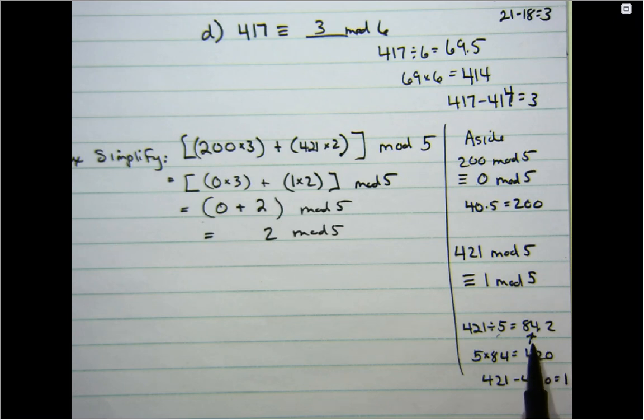We're interested in the 84 because that gives us complete quantities of 5 that you can remove. So you can remove 84 complete multiples of 5. So figure out what that is. 5 times 84 is 420. So 420 is what we are removing from the 421.